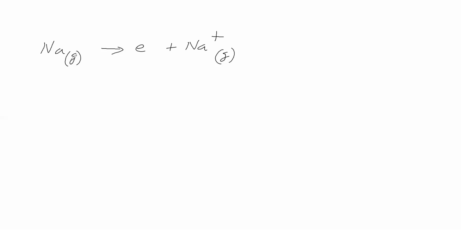Therefore, isolated gaseous sodium atom becoming Na plus, the energy involved in this process is called ionization energy of isolated gaseous sodium. To this we are supplying energy, removing an electron, and it becomes Na plus.